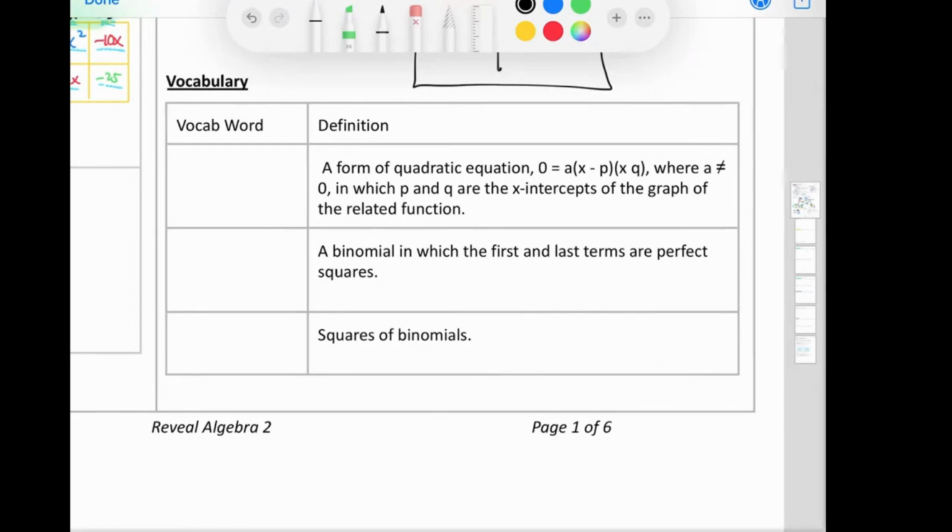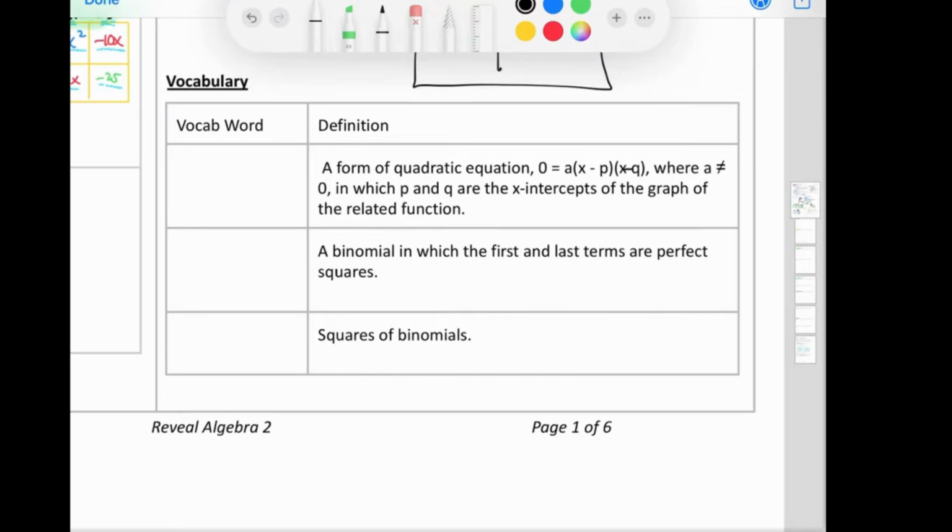All right, let's talk about our vocabulary words here. In our vocab, a form of quadratic equation, 0 equals a times x minus p, that one should say x minus q, where a is not equal to 0, in which p and q are x-intercepts of the graph of the related function.